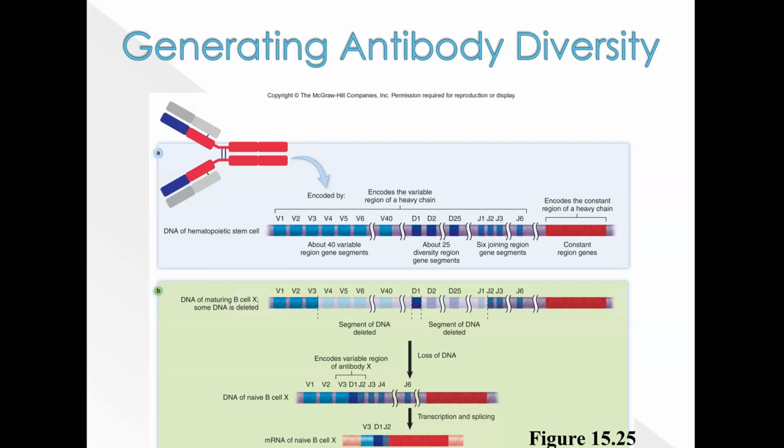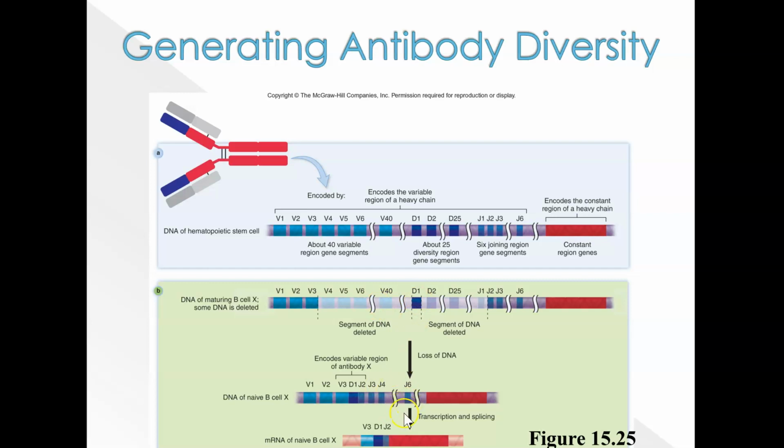So one of the 40 here, 25 here, and 6 here, and so on, are going to be randomly selected, and the DNA in between is going to be cut out and stitched back together.